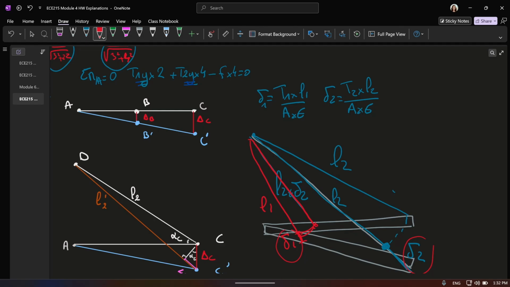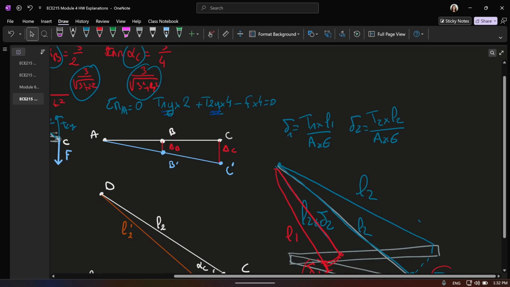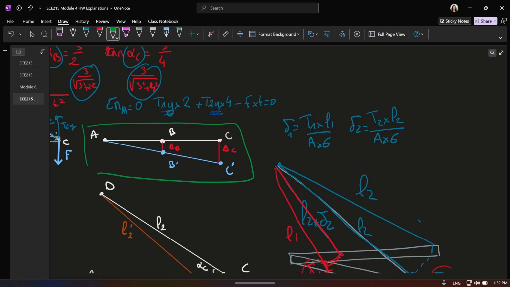Okay, but what we know, if we look at these similar triangles, is that there was a distance 2 and a distance 4. So we know that the distance 2 divided by 4 equals delta B divided by delta C. Okay, that's the similar triangle rule, because delta B and delta C are parallel.